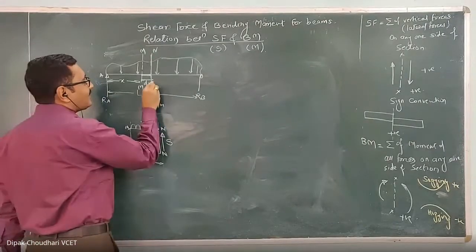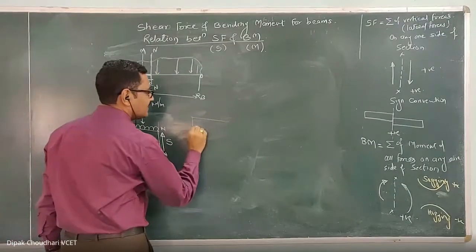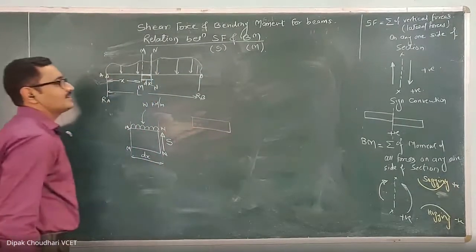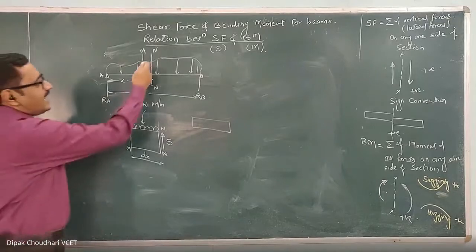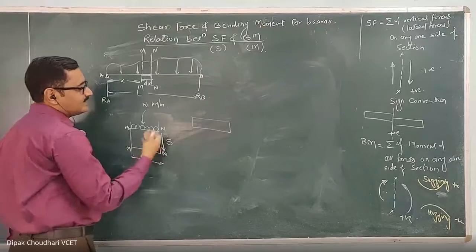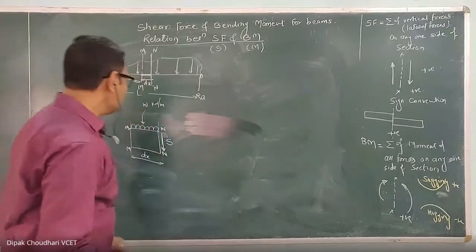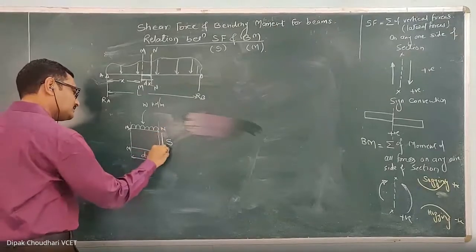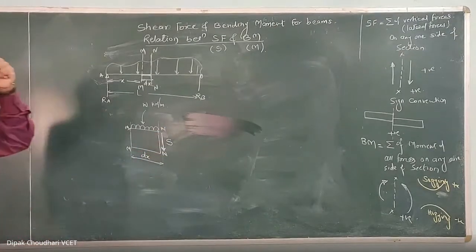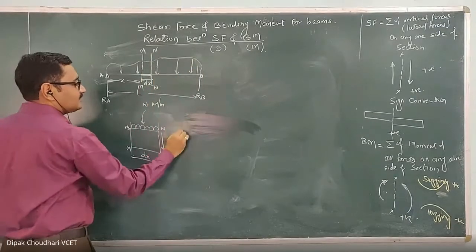The shear force acting at this end will be downward to balance this. You can consider upward also, it doesn't make any difference. So, this shear force is downward to balance this. Here I have considered the FBD.